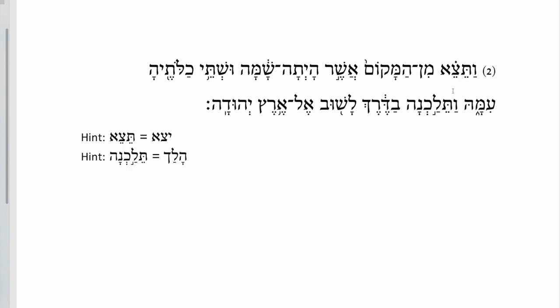So vatetze, and she went out, min hamakom, from the place, asher, which, or where, hayta, this is the third feminine singular form of haya. It should be hayah, but when you add a qamets he ending, a third feminine singular ending, to a third he verb, so haya has a he at the end of the verb, and then you add an ah to the end of it, it gets a little confusing.